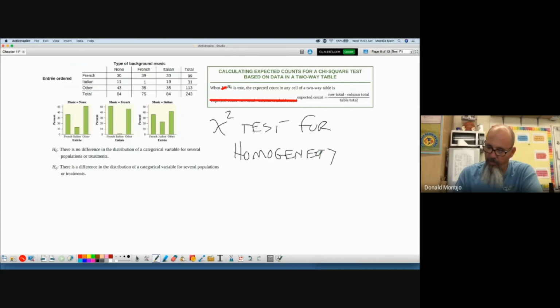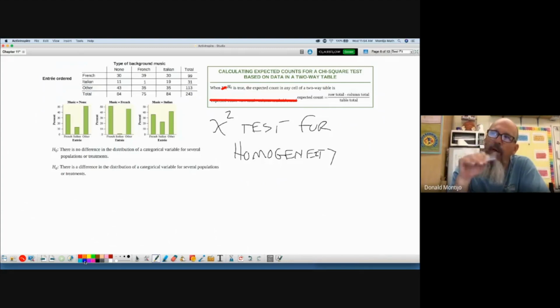Now, if you look up over here on the right side, how do we calculate the expected counts? Well, we don't know what they expect here. It's not like the other one where the company told us that 25% of their M&Ms were blue, or that we expected equal birthdays amongst NHL players. Here we're trying to test, are they all the same?